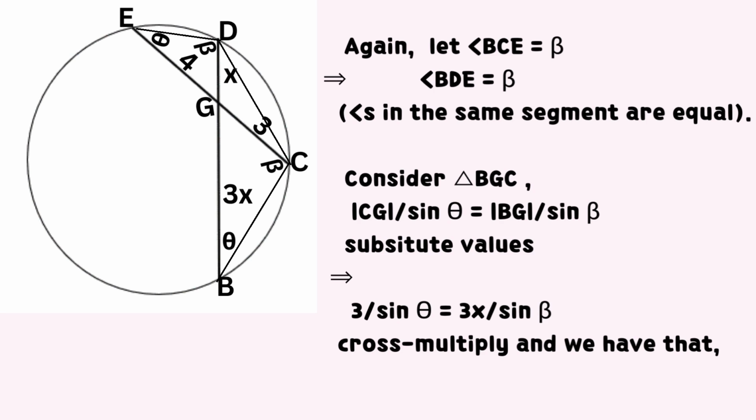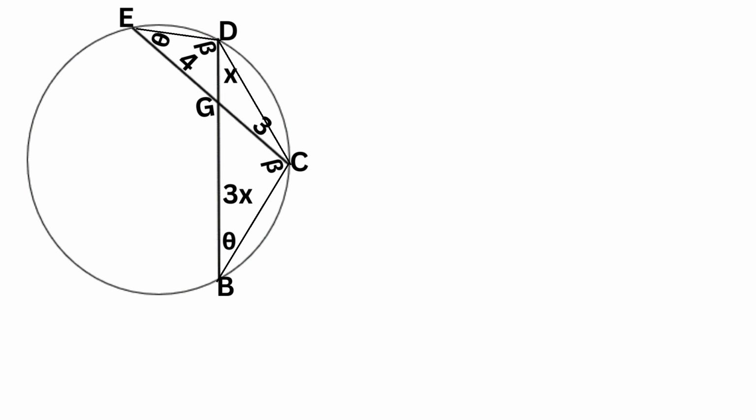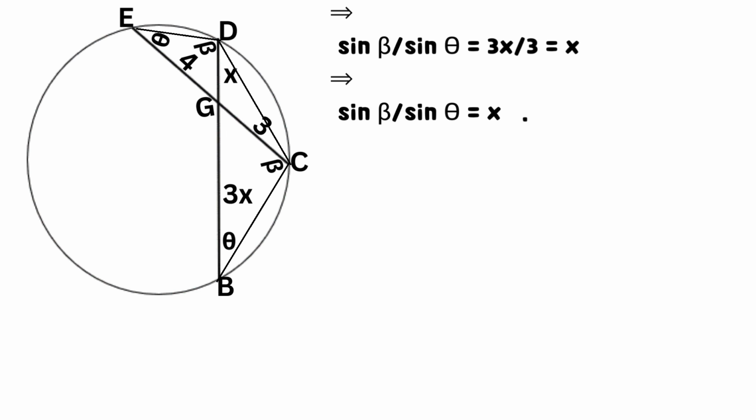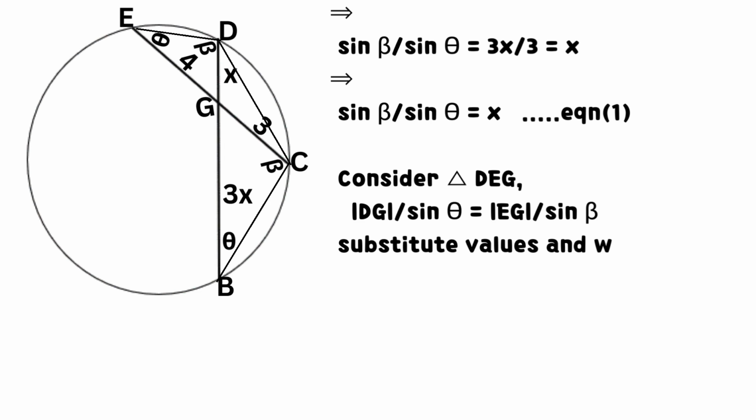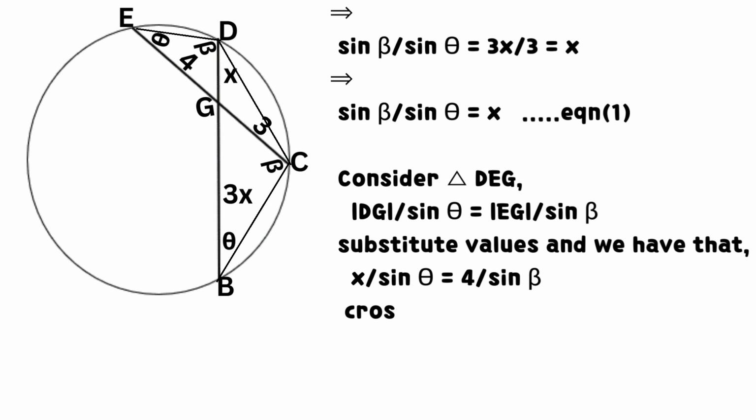Cross multiply and we have that sine beta divided by sine theta equals 3X divided by 3, which equals X. It implies that sine beta divided by sine theta equals X. We call it equation 1.